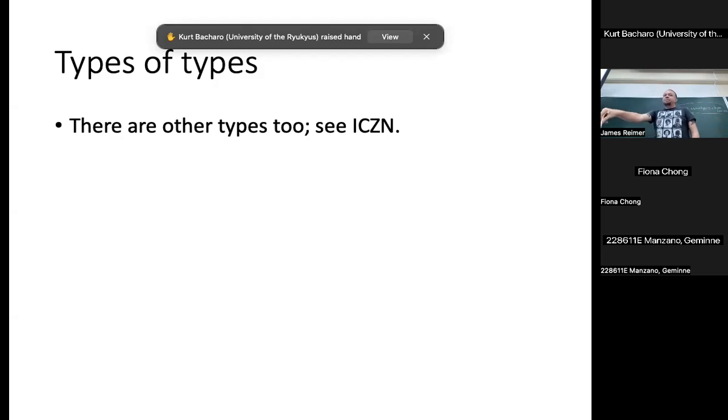I was just wondering with regards to the type. It says here that a new type can only be designated when it's lost or destroyed. Can you designate a type if, for instance, a type specimen has already been degraded, described maybe 200 years ago?